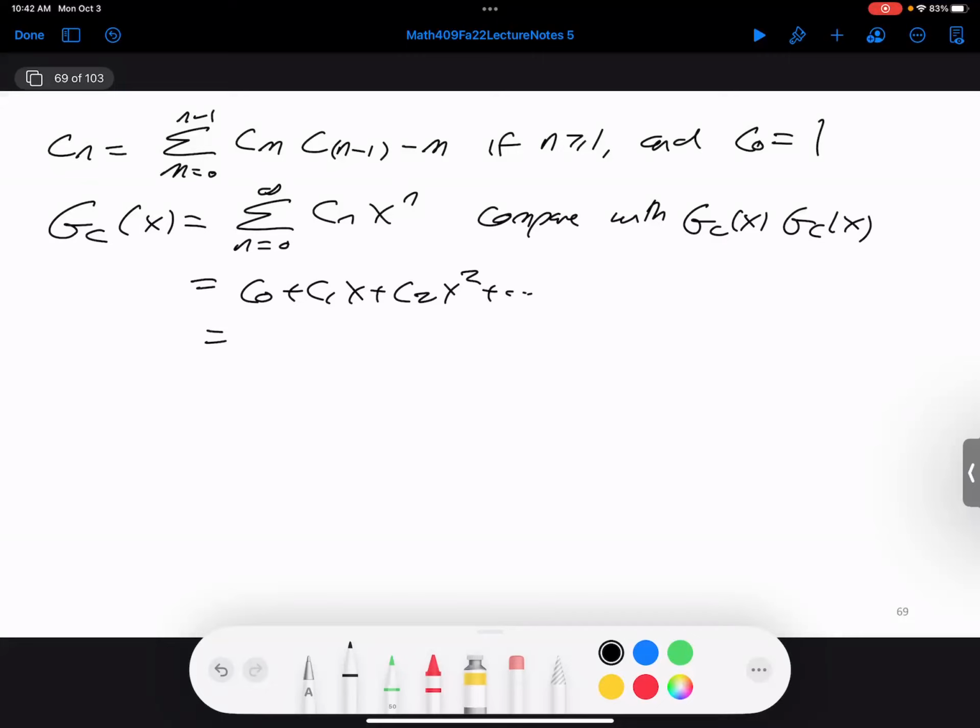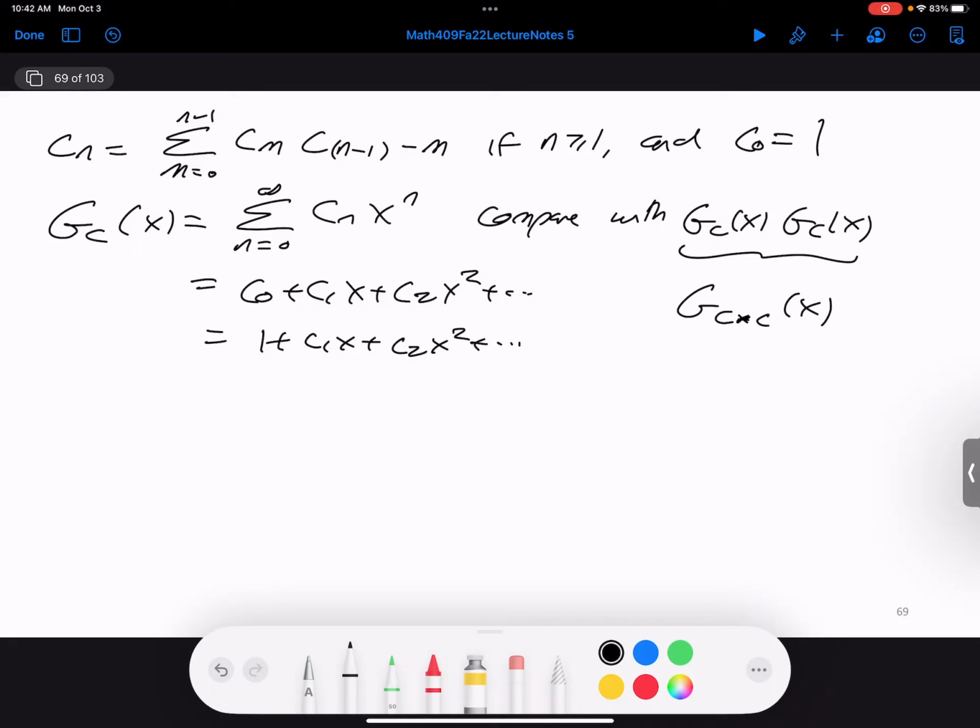What's the constant term? C0, and what does C0 equal? 1. So this is going to be 1 plus C1x plus C2x squared plus dot, dot, dot. When I multiply this out, it's going to be GC star GC of x. It's going to be the convolution of those two sequences. And it is going to match up. It is going to start off with a 1. But what about the next term?